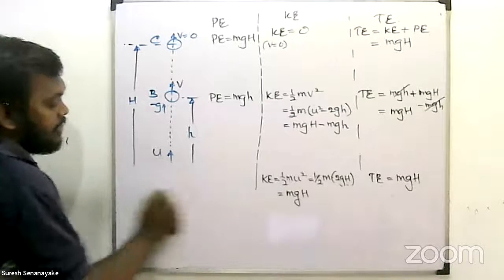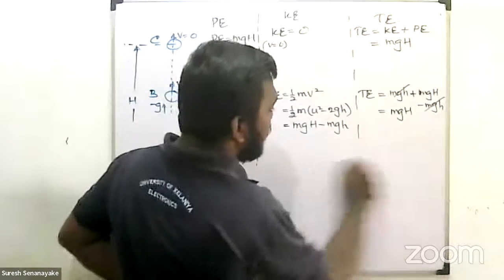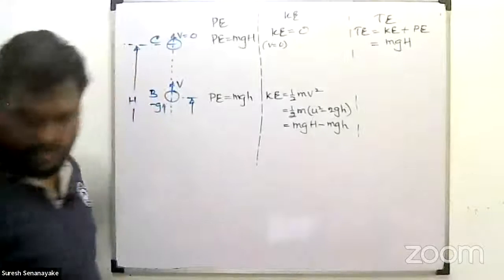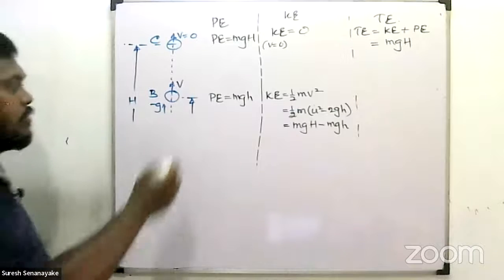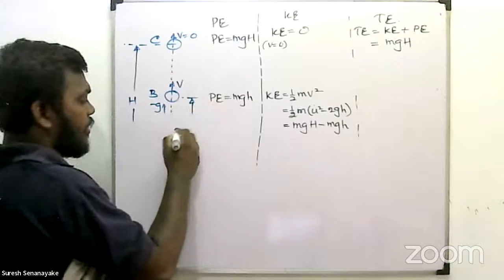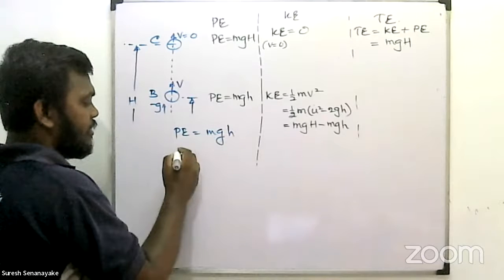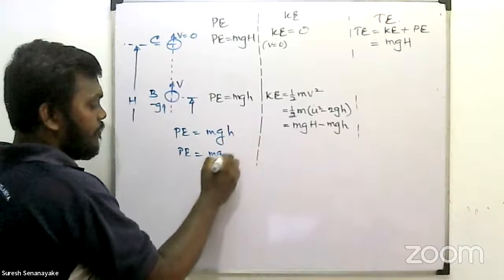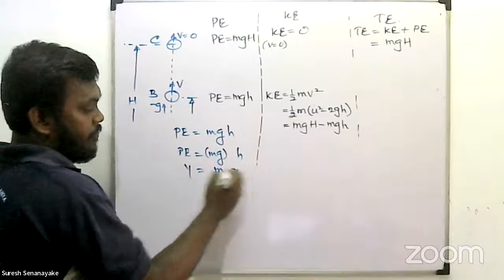If I consider this in a graphical way, you can see like this, right? You know that at a particular height, the potential energy is mgh, so you can write this as y equals mx type graph.